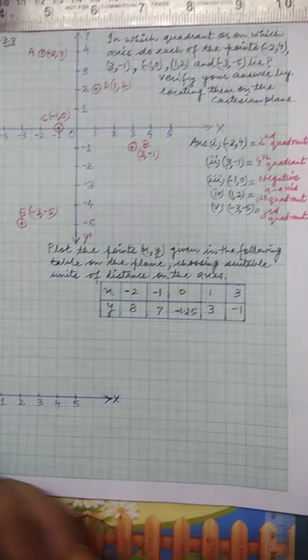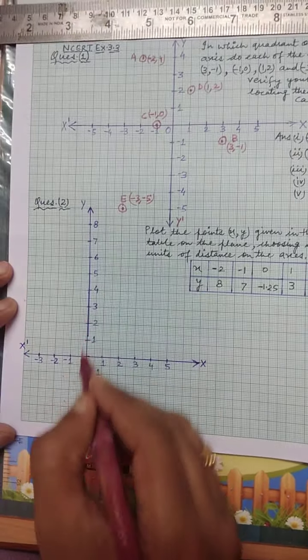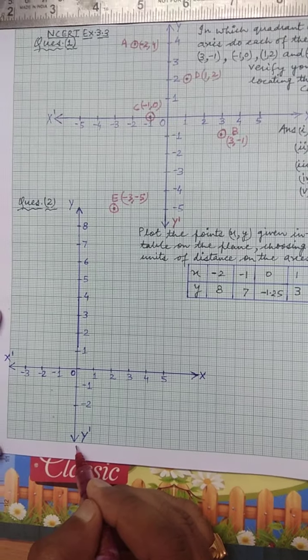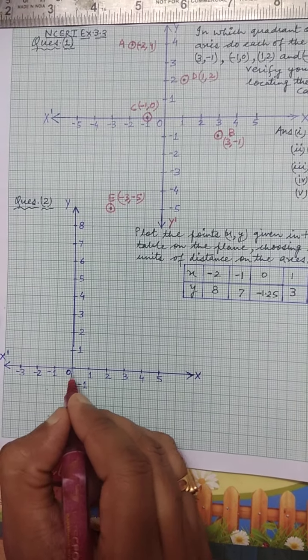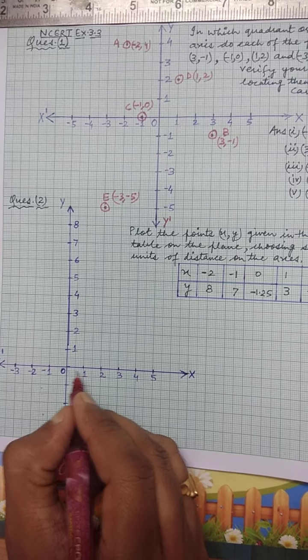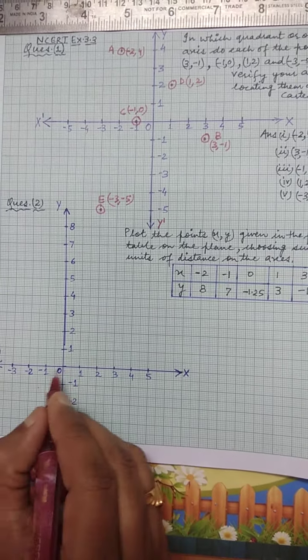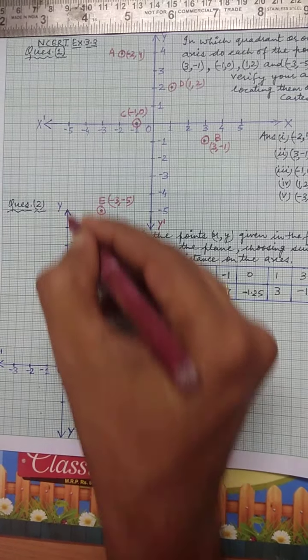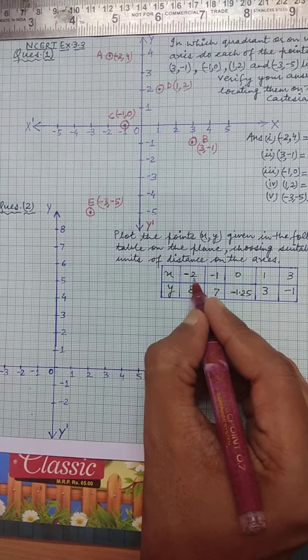So again we have drawn the x-axis, X'OX, and Y'OY. The y-axis we have drawn, both are meeting at this point, which is your origin. 1 centimeter is equal to 1 unit on the x-axis and also on the y-axis. This is positive x, this is negative x, this is positive y, this is negative y. The first ordered pair is (-2, 8).